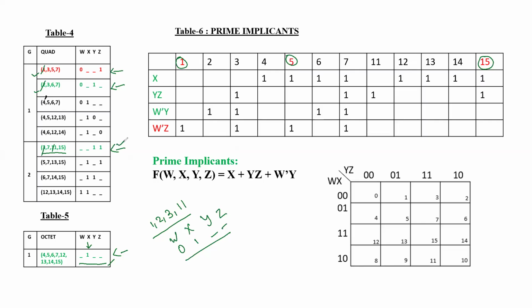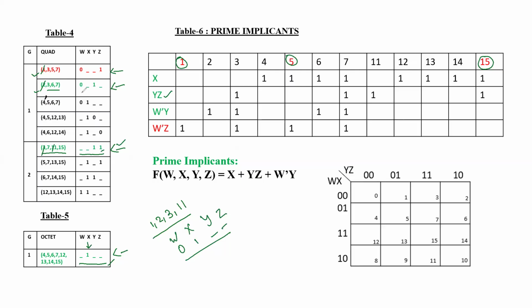Second, we'll look here. So here what we have, underscore, underscore, 1, 1. So the first 1 corresponds to Y. The second one corresponds to the Z. So that's why we have written here Y, Z. Again, another quad we have here that gives us the min term 2. So here if you look, we have W as 0, Y is 1.